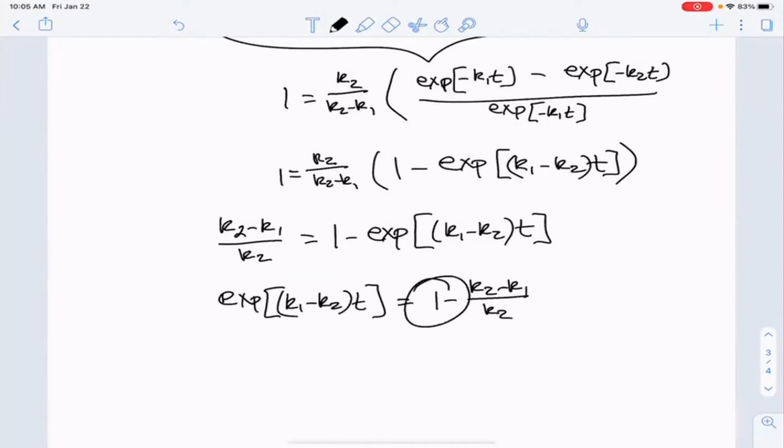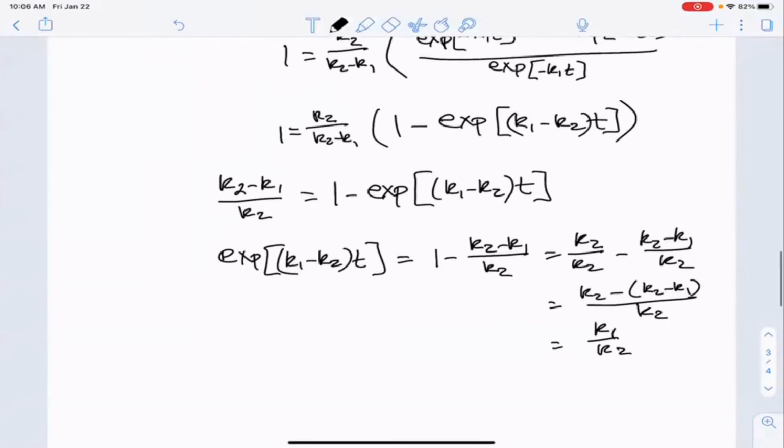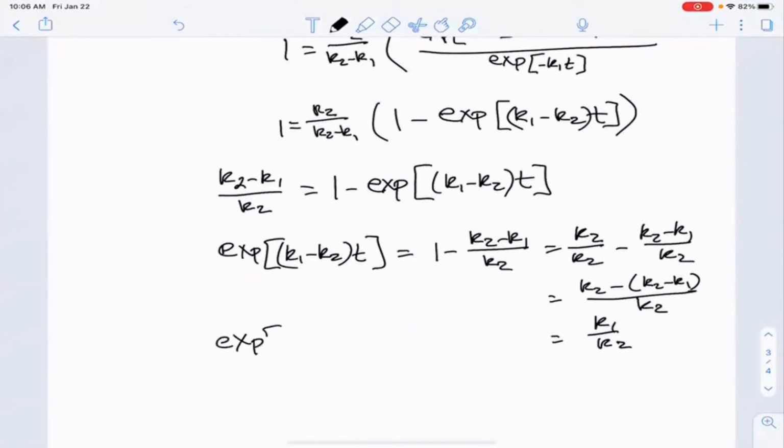And I'm going to make this one just K2 over K2 to give them a common denominator. And if I do that, this side of the equation just becomes K2 minus K2 plus K1 over K2, so the K2s cancel and this minus makes that plus. So that just becomes K1 over K2. Right? So that gives us the exponent of K1 minus K2 times time equals just K1 over K2.